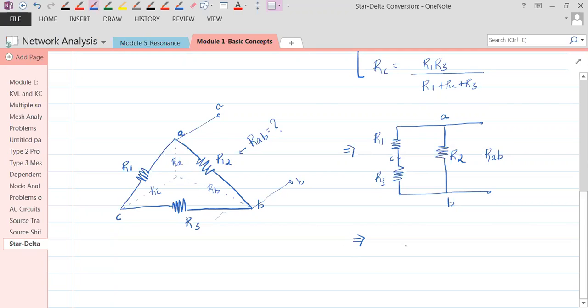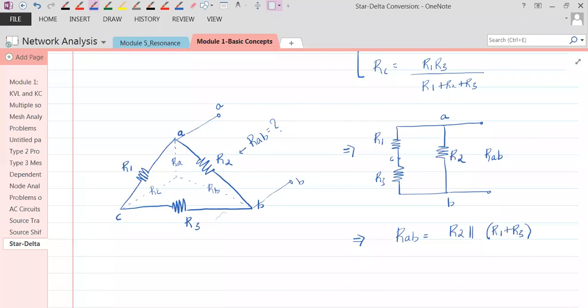So we can write RAB as R2 in parallel with R1 plus R3. Is this understood, everybody? There is a resistor R2 which is in parallel with the series combination of R1 and R3.